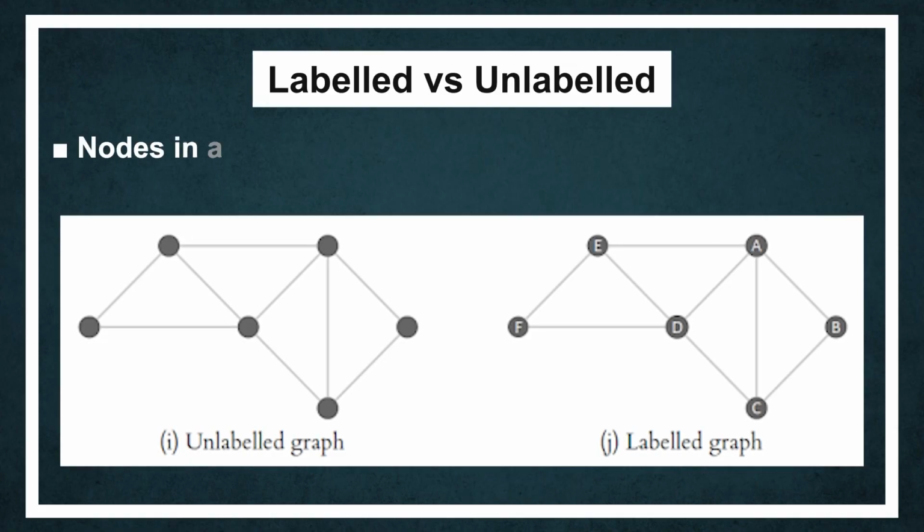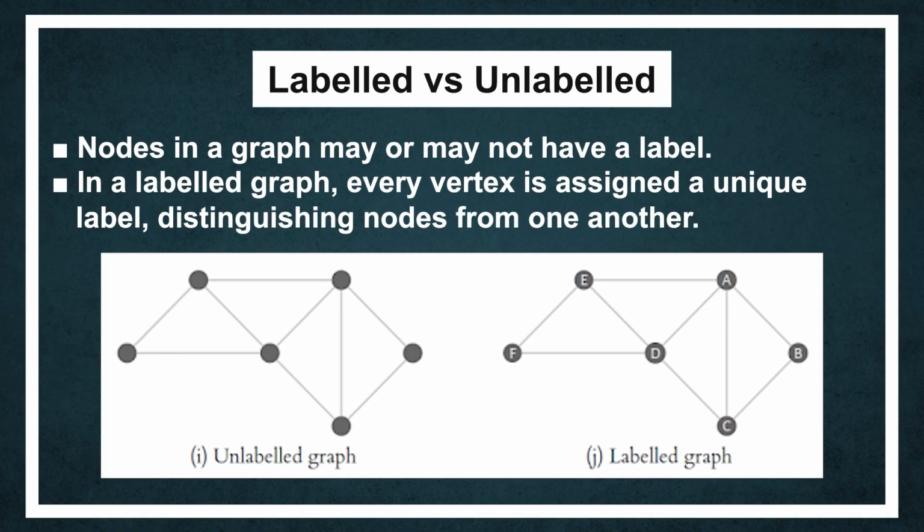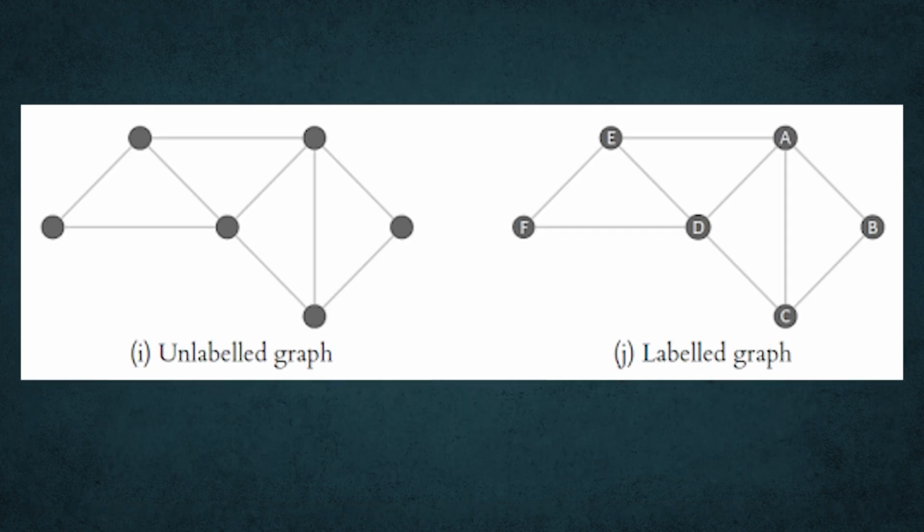Labeled versus unlabeled graphs. Here, nodes in a graph may or may not have a label. In a labeled graph, every vertex is assigned a unique label distinguishing nodes from one another. Here, figure I is an unlabeled graph, while figure J represents a labeled graph.